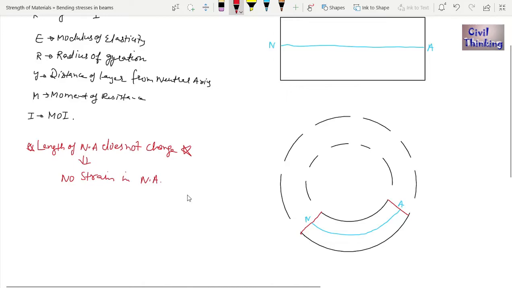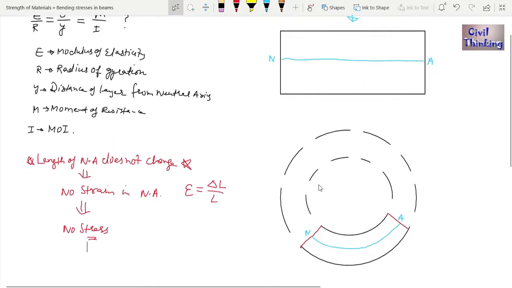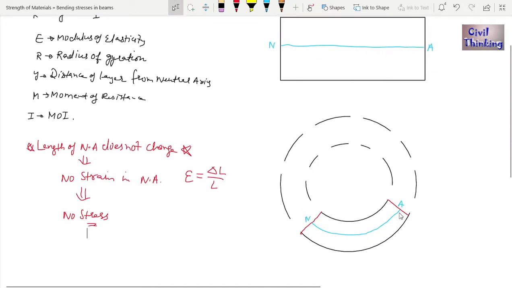Why? Because what is strain? Strain is denoted by epsilon. It is the change in length, delta L, divided by the original length. When the length of the neutral axis does not change, there will be no strain, and when there is no strain, there will be no stress, or basically no bending stress. That means the neutral axis will bend, but its length will not change.